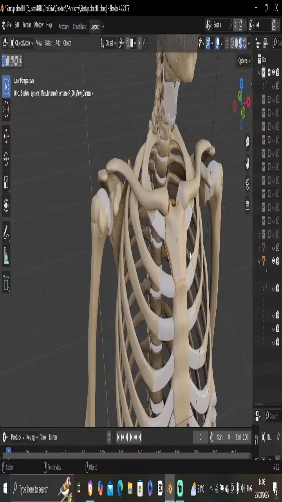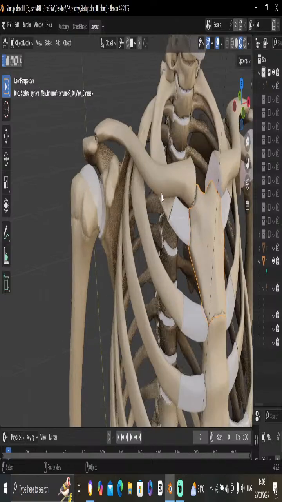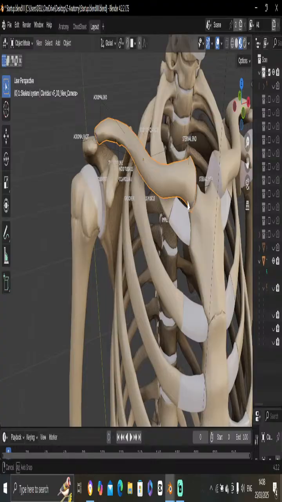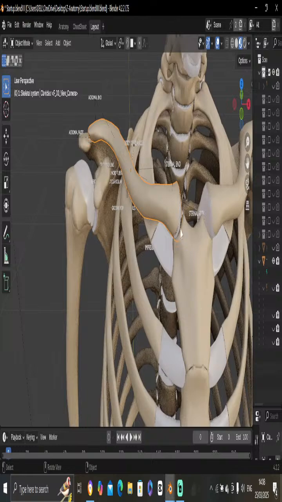It is connected to the clavicle at the sternoclavicular joint. This tiny joint over here is a synovial joint. That joint is the bony attachment for the upper limb to the axial skeleton.